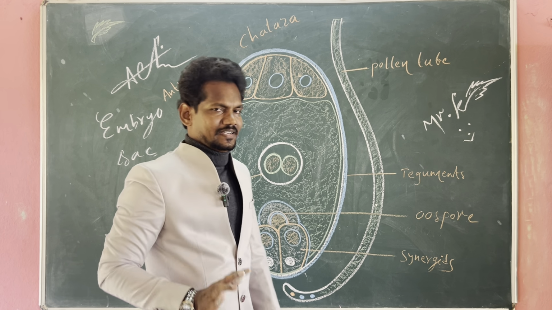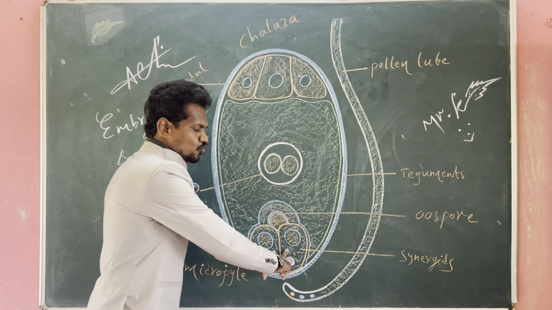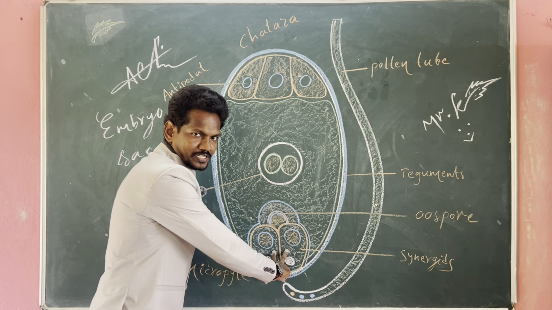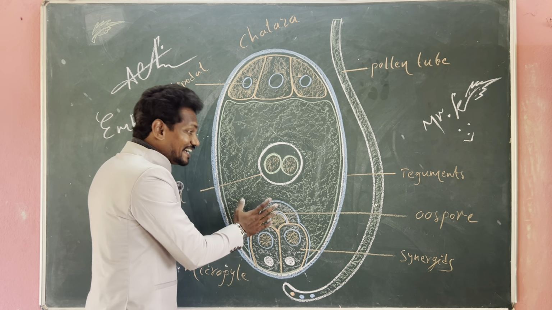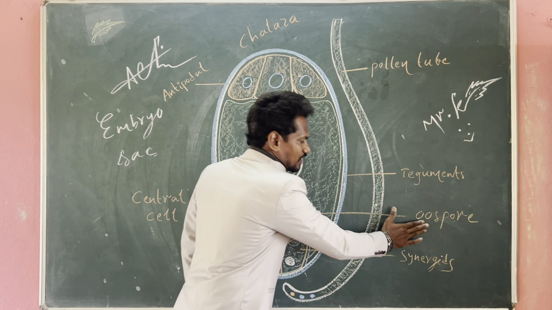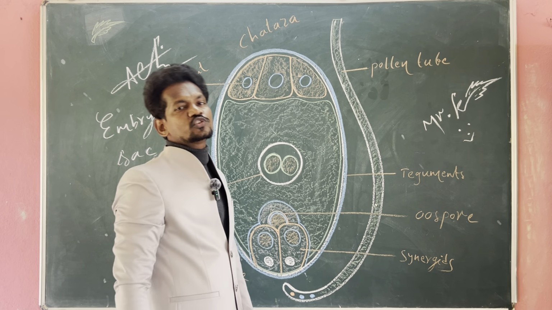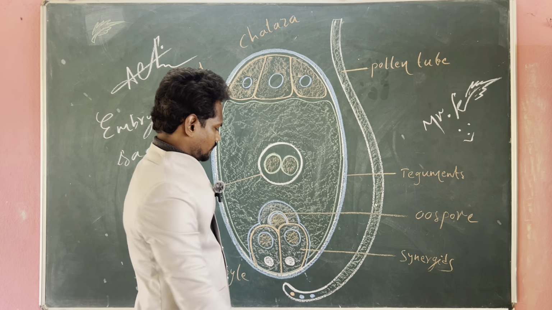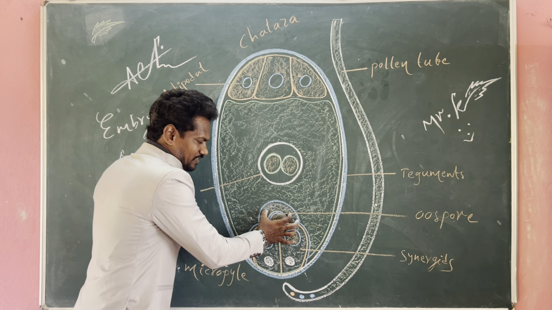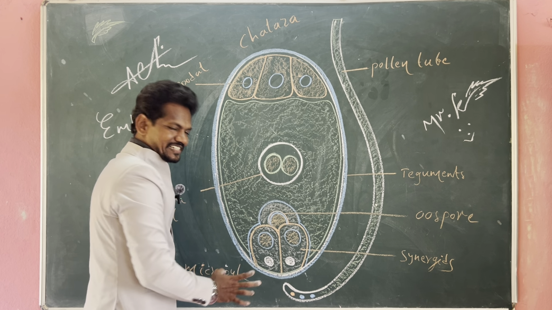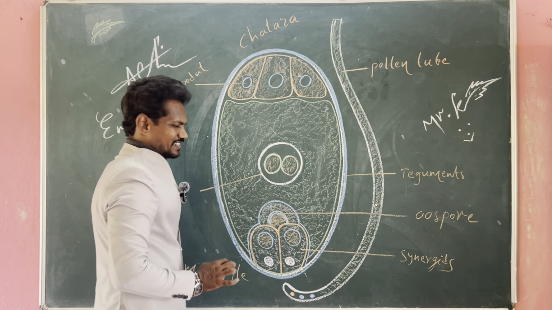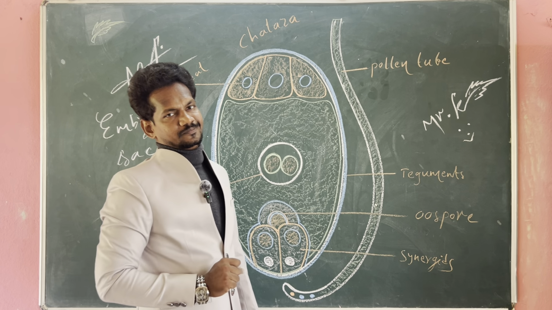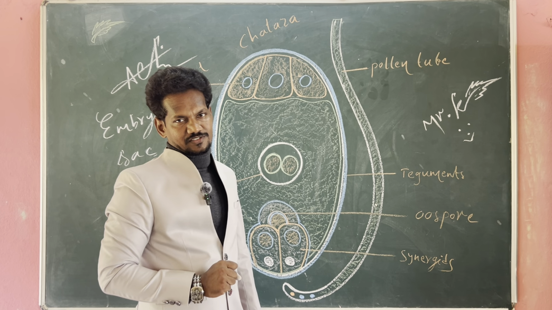In an egg apparatus, 2 synergid cells are present and 1 egg cell is present. Egg cell is also known as oospore. This is the egg cell. These both are synergid cells.